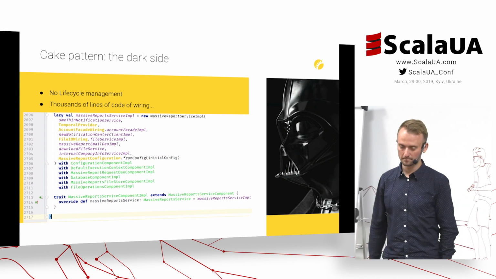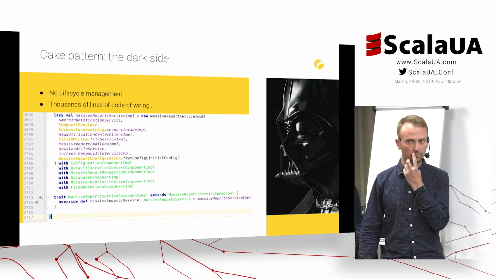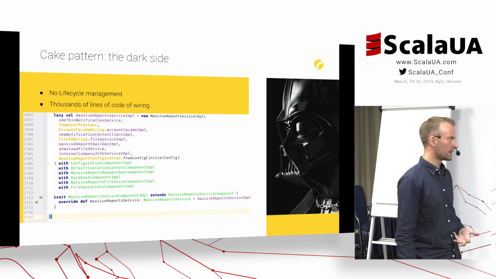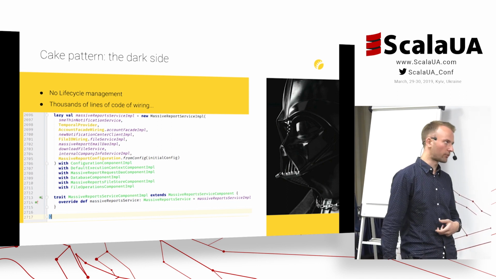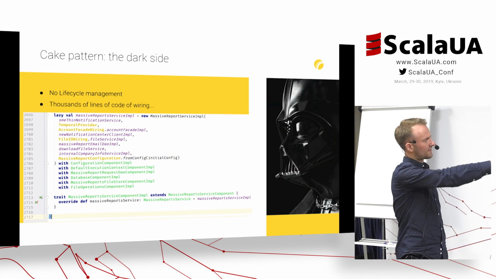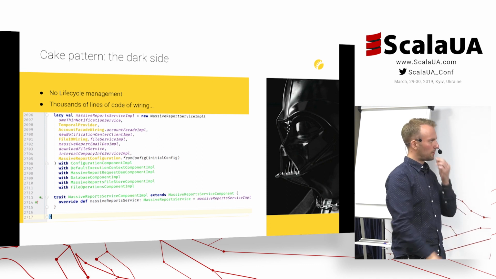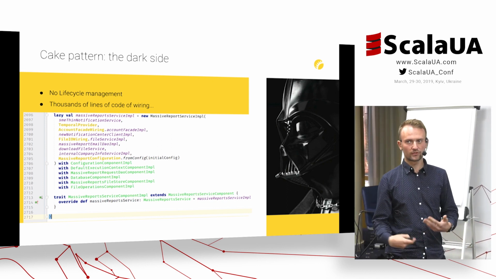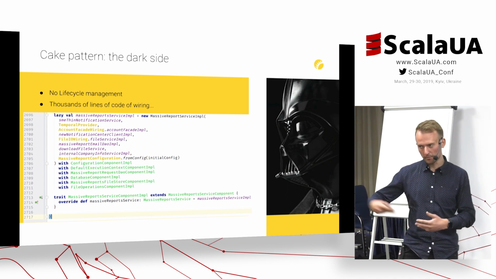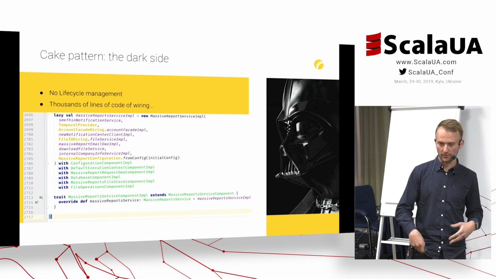It's very painful. And unlike Spring or Guice, it doesn't allow lifecycle management for components. For instance, a singleton component is a lazy val. But you are not allowed to retry, you are not allowed to provide some fallback components. You should do this by hand.